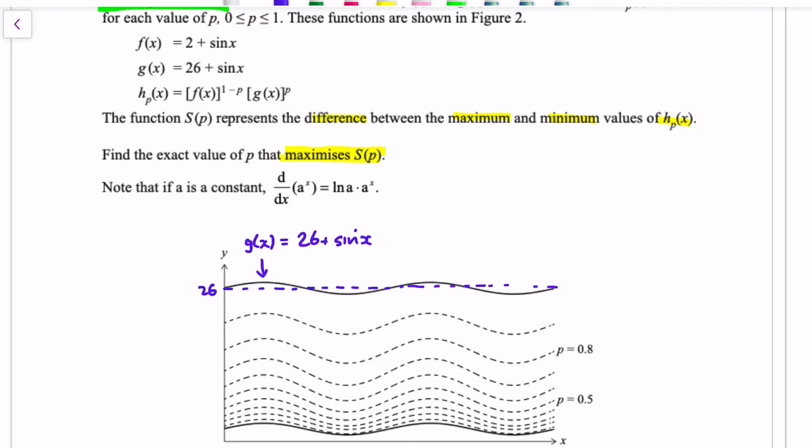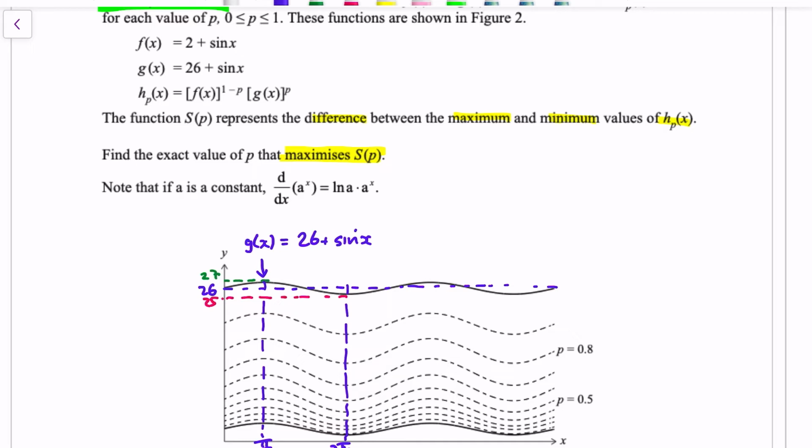Your basic understanding of trig functions should tell you that sine is a function that bounces between minus 1 and 1. So the maximum value of that is 27, and the minimum value of that is 25. And they occur at specific values of x, right? They occur at x equals pi over 2, and the minimum occurs at x equals 3 pi over 2.